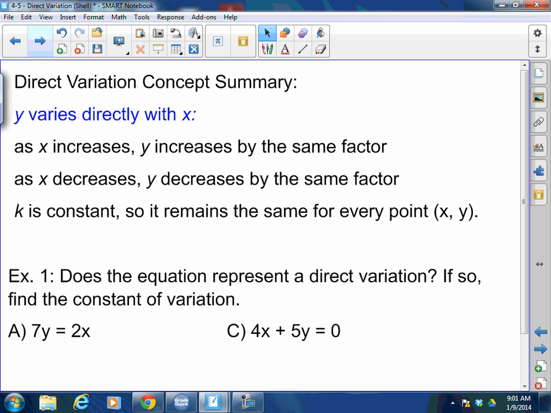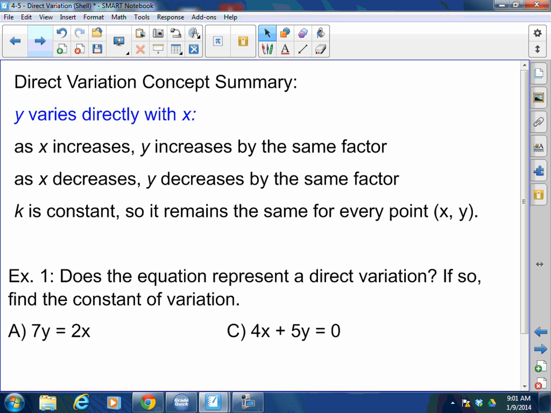Let's look at some examples here. Direct variation concept: as x increases, y increases by the same factor. If x decreases, y decreases by the same factor. They're not equal, but it's by the same factor. And k is constant, so it remains the same for every ordered pair x, y.